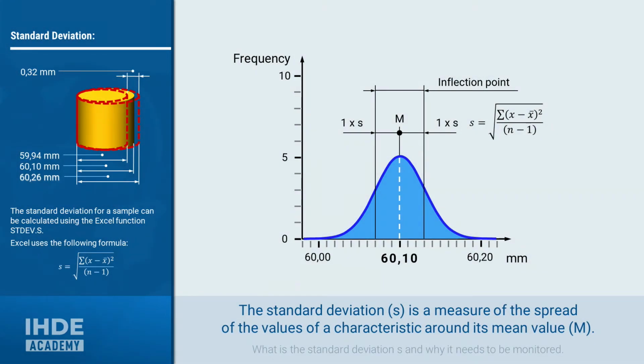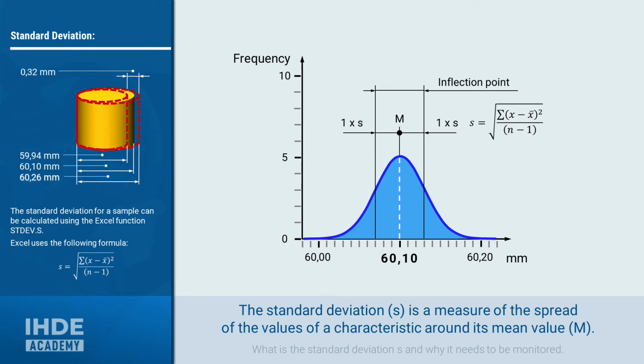The standard deviation was already discussed in detail in one of the basic lessons. Therefore, only the essential is repeated here. Without going into more detail about the exact calculation, the standard deviation is simply a measure of the spread of the values. Its unit is the same as that of the monitored product characteristic.